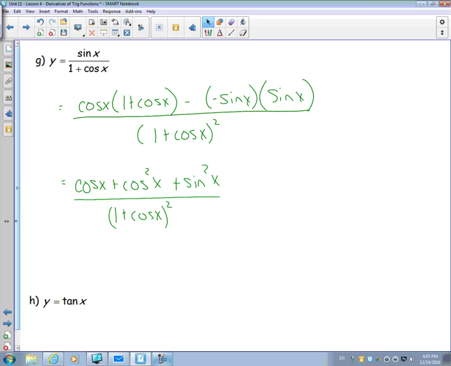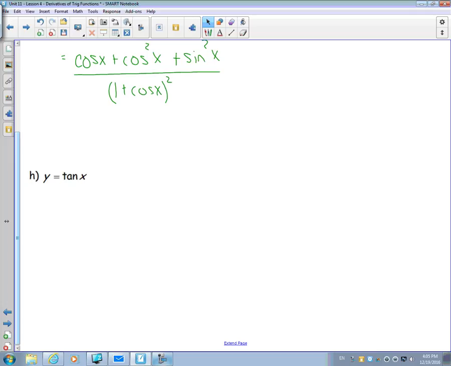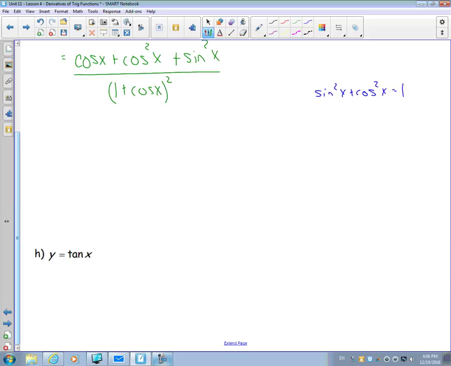Here's where identities from grade 11 come in handy. You might, I hope, recall the identity sine squared plus cos squared equals 1. That's one of our basic identities. And I hope you see that in this question right there, because I'm going to simplify by using that.